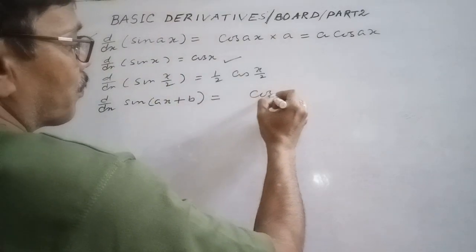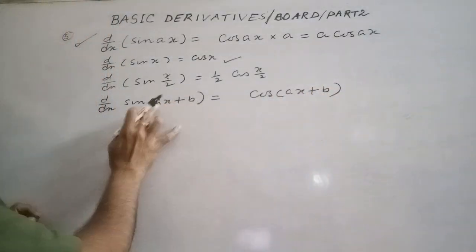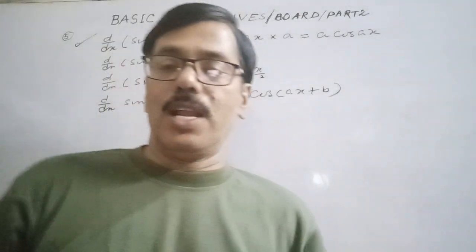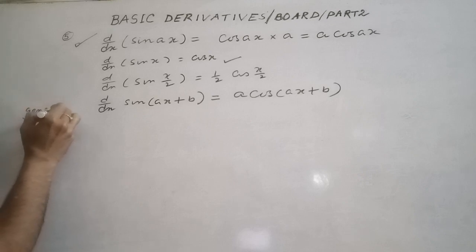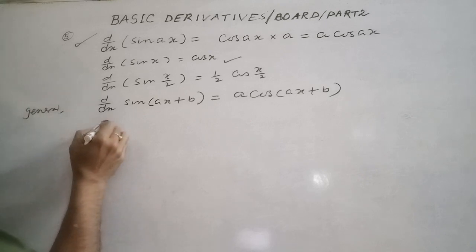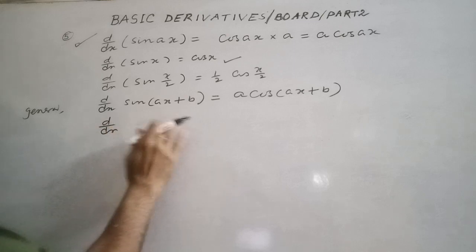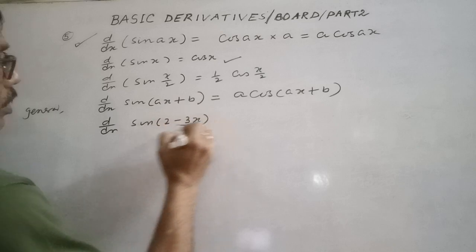So derivative of sin is cos ax plus b. Argument is same into coefficient of x. So a cos ax plus b. So this one is general. In general. So application, look, d dx of sin 2 minus 3x.